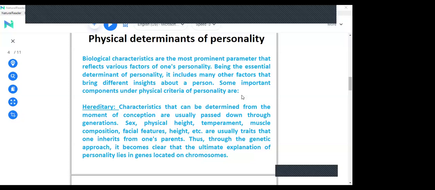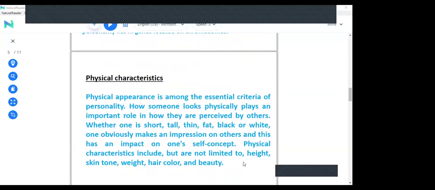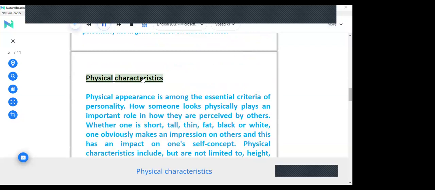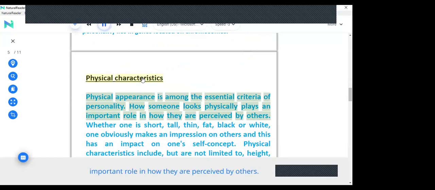The biological one also, the same biological characteristic, is our next topic. That one also, here I will give you time to listen, my dear student. Physical characteristics. Physical appearance is among the essential criteria of personality. How someone looks physically plays an important role in how they are perceived by others.